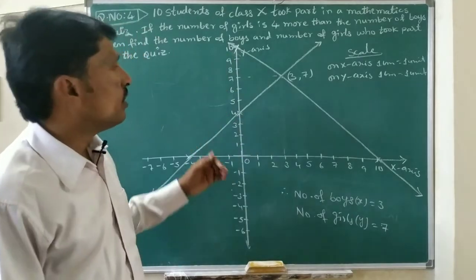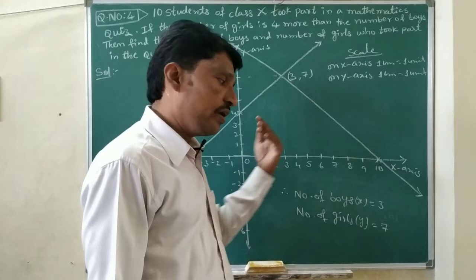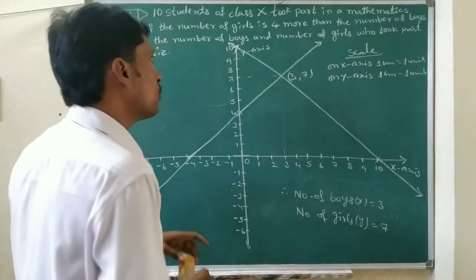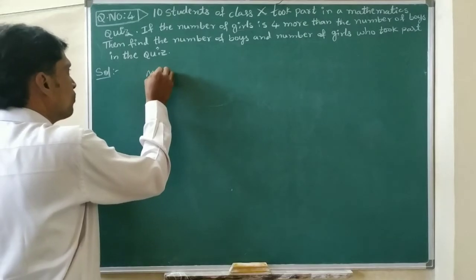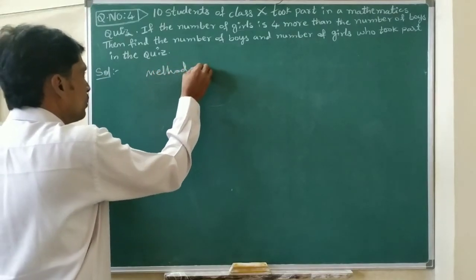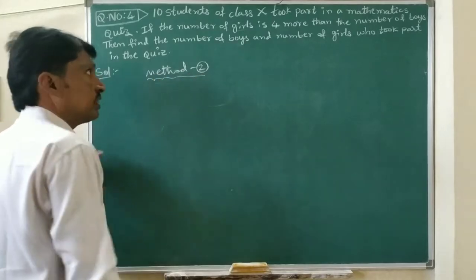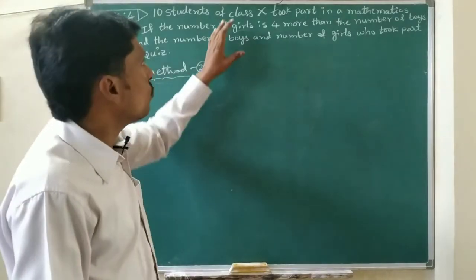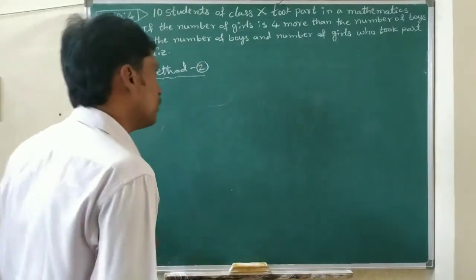For this problem only, without pair of linear equations also we can solve. How we have to solve that one? Once you can observe here, this is method number 2. In this we are following without pair of linear equations. So just what is given in the data we have to find.